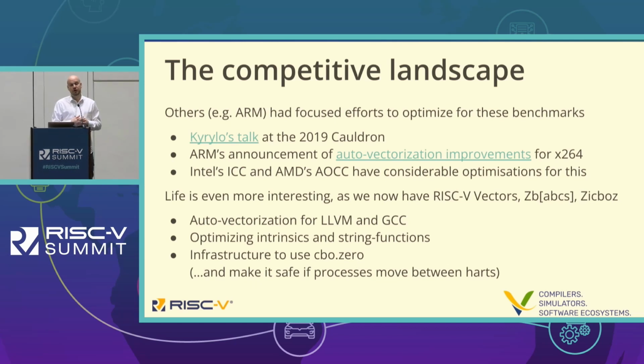There's an effort going on to optimize for the intrinsics and string functions. This is a topic coming out of the bitmanip, so there are very efficient ways to do a string length, for example, if you have instructions from that. And of course, we need to build up some infrastructure to use our zeroization because there is one benchmark in SPEC that actually benefits a lot from being able to zeroize 64 bytes of data.